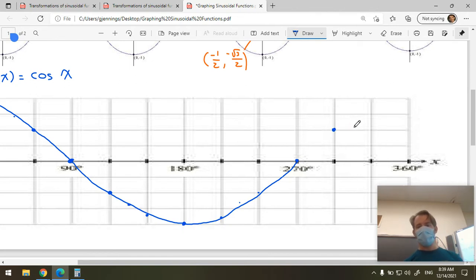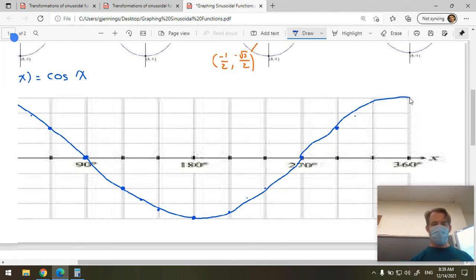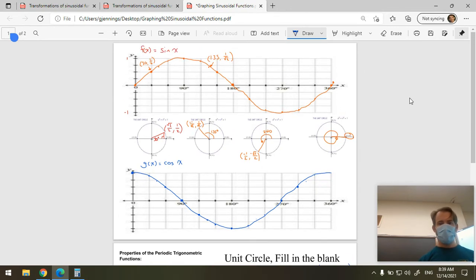Okay, that fits our pattern. This one is going to be just there, 0.7, this one here, and this one here. So graph it. And so there we have our graphs for sine and cosine built using the unit circle.